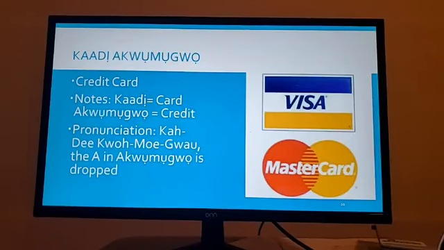So what you're saying is Kah-Dee Kwoe-Gwau, credit card. When you run the root words together, you drop that A in the second word, so it becomes Kah-Dee Kwoe-Gwau, credit card.